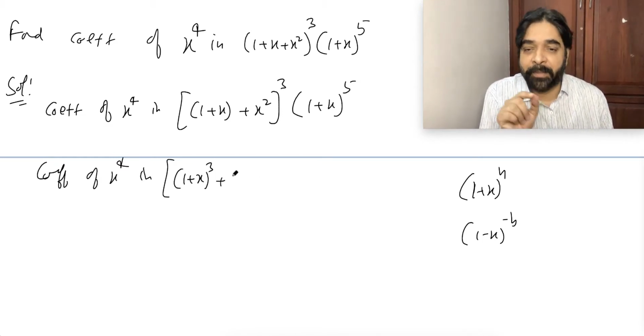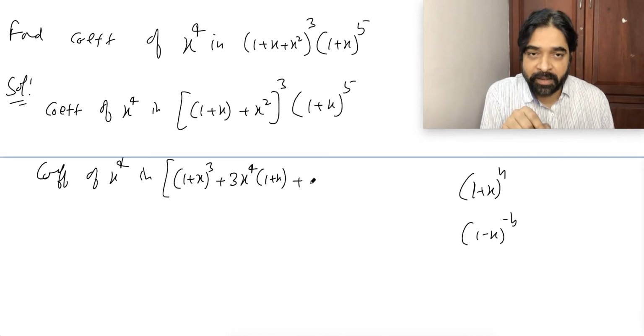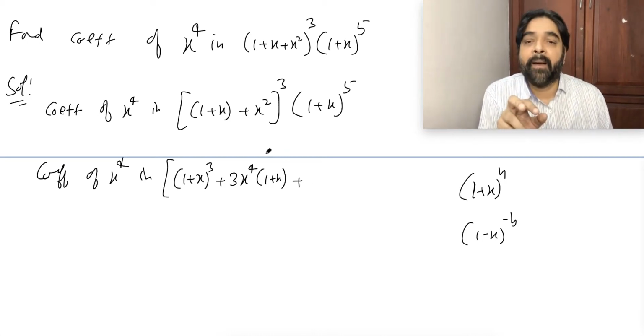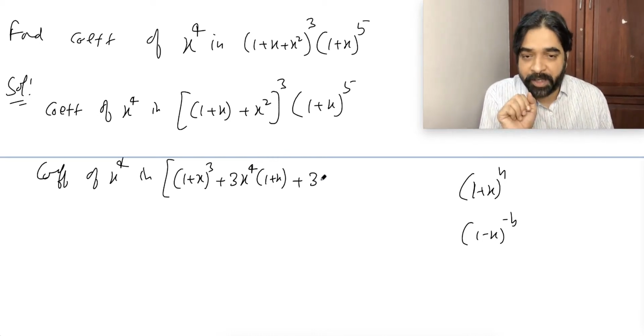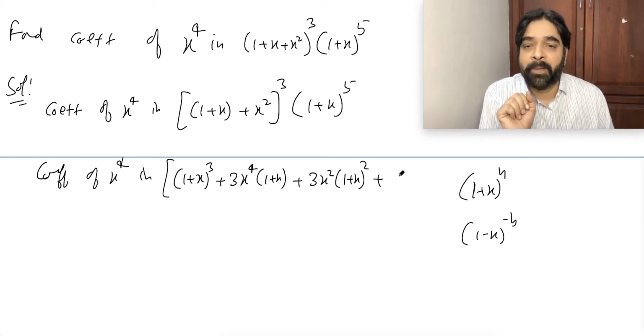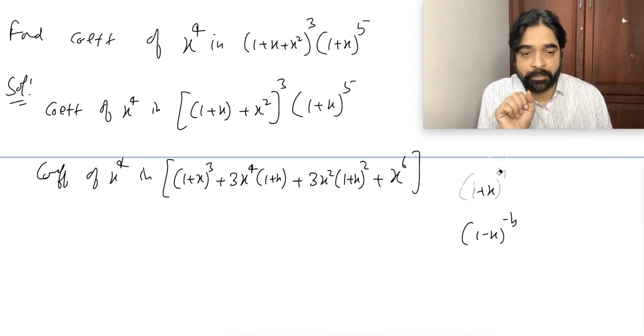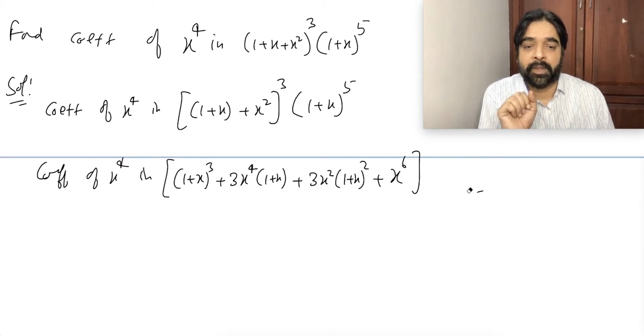plus 3ab squared, meaning 3x power 4 into (1 plus x), plus 3a squared b, meaning 3x squared into (1 plus x) whole squared, plus, I may make a calculation mistake, so please be careful, x power 6 into (1 plus x) power 5. If I am making a calculation mistake, please let me know.